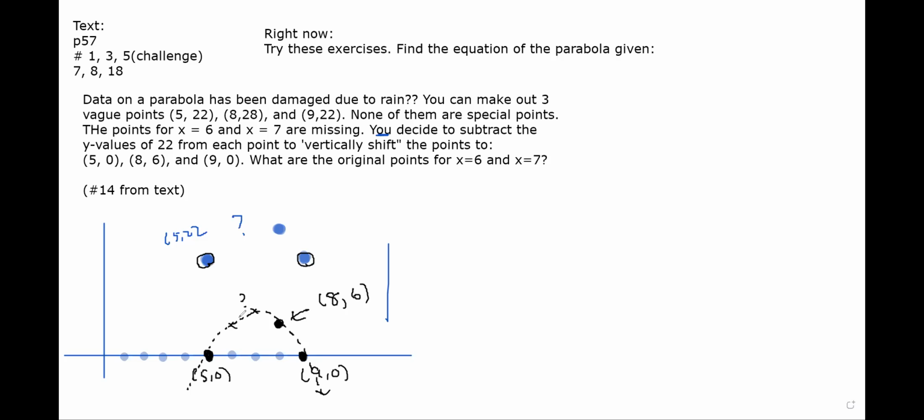You could use the bottom parabola and then move it after. Oh, what? Yeah. The 22.